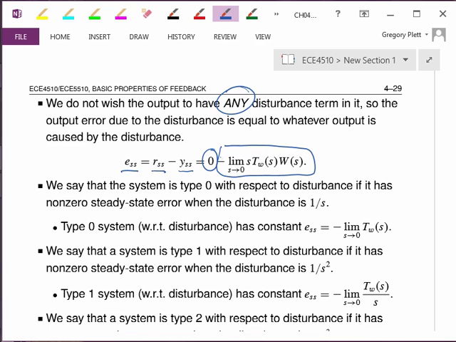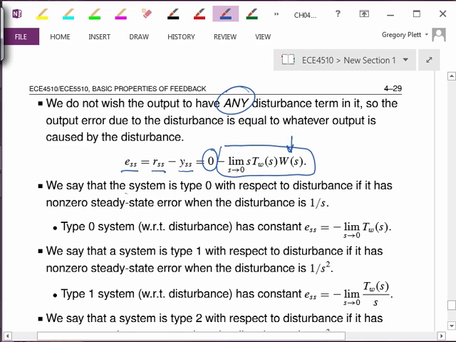Similarly to before, when we're looking at what types of inputs to consider, we might consider any old inputs, but we're going to look at the same categories. We're going to look at how the system responds when there's a step disturbance or a ramp disturbance or a parabola disturbance and so forth. So there are a lot of similarities, but we have to be careful of the differences also.